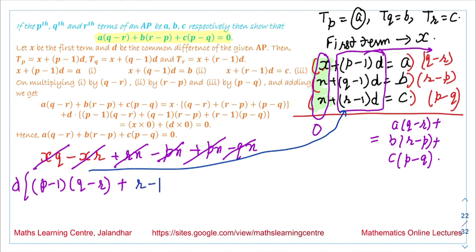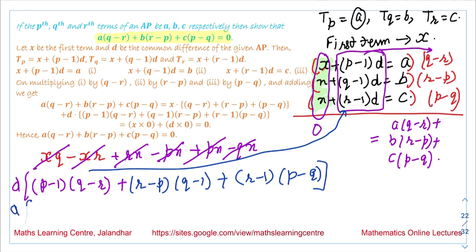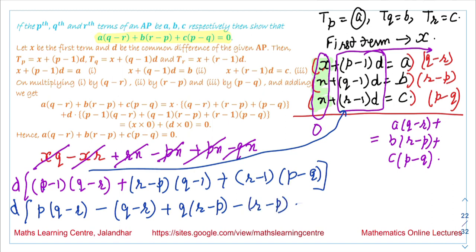Next is r minus p into q minus 1 plus r minus 1 into p minus q. D is common from all this, we are left with pq, q minus r minus q minus r, then q into r minus p minus r minus p plus r into p minus q minus p minus q.